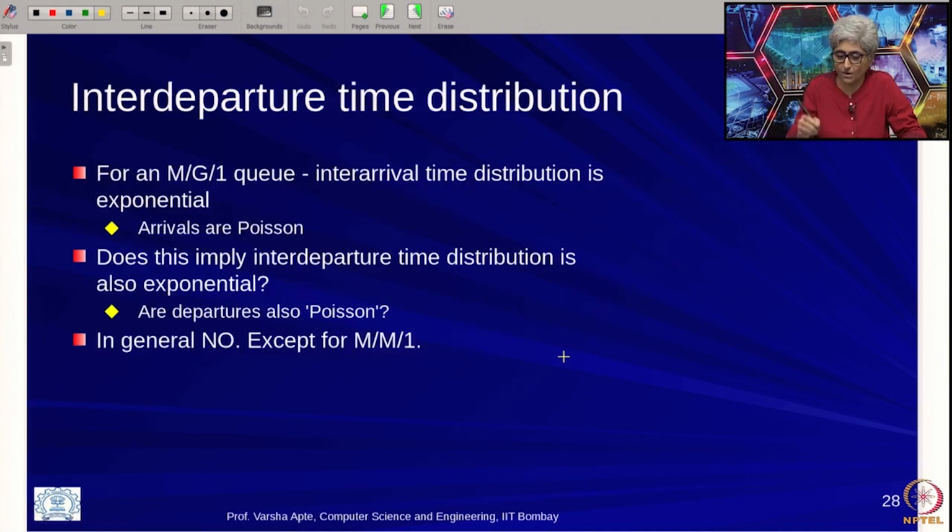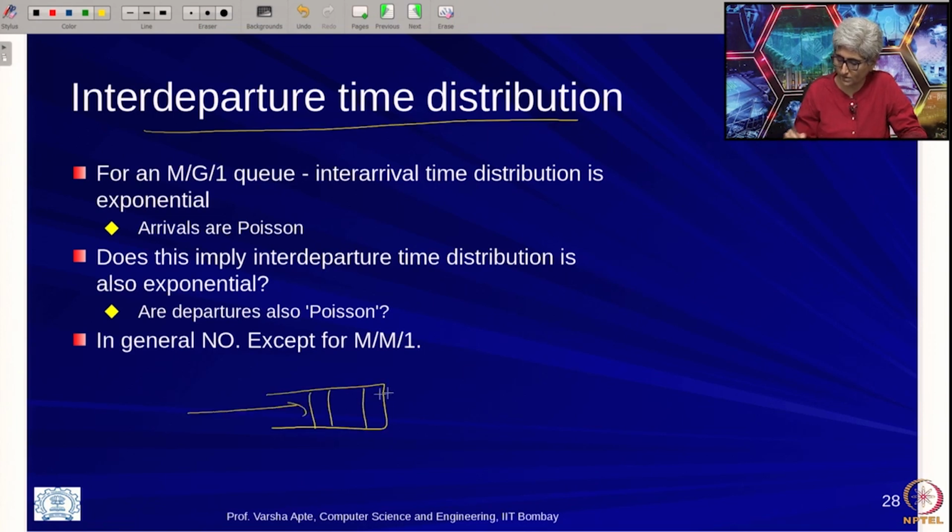Basically it is about the inter departure time distribution. If you have a queue to which there are some arrivals, and let us imagine that we are looking at a departure timeline here, there are going to be some departures between, let us say, time 0 to t.